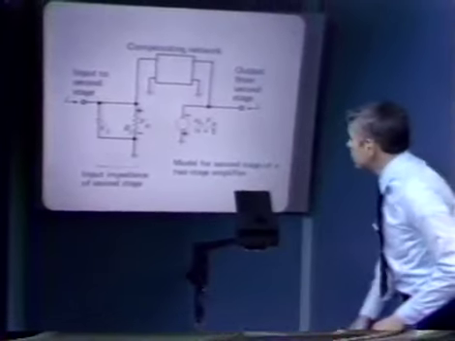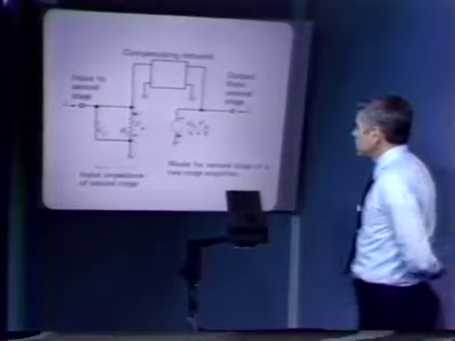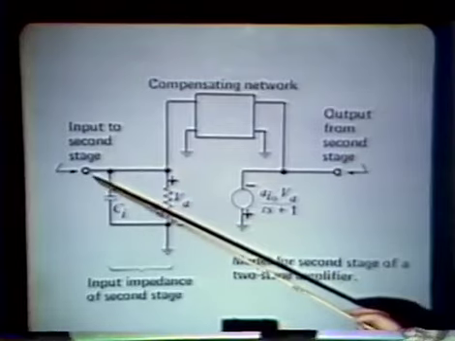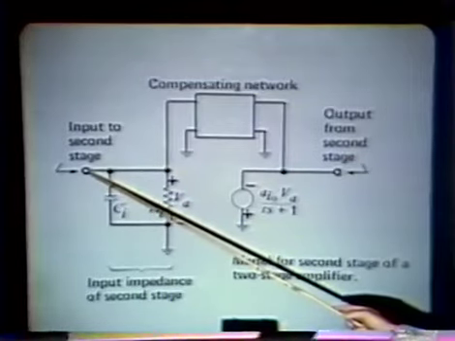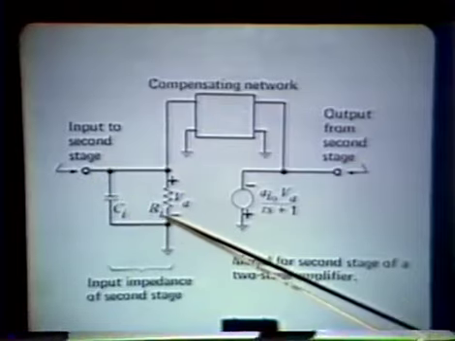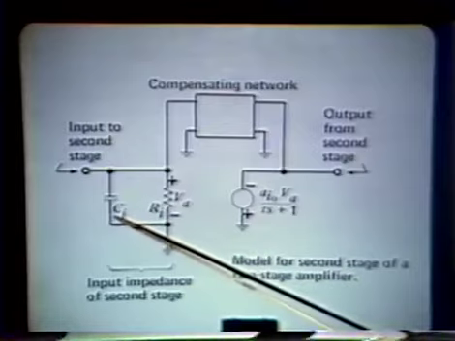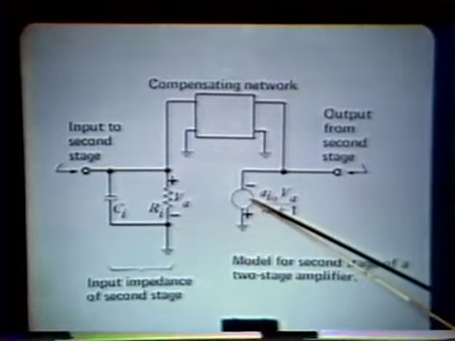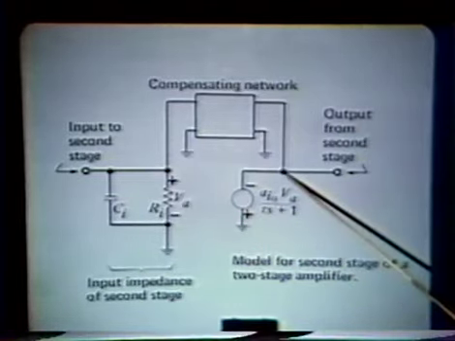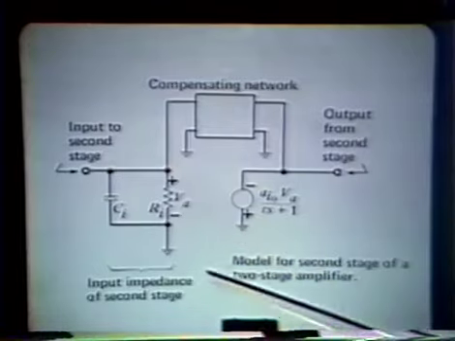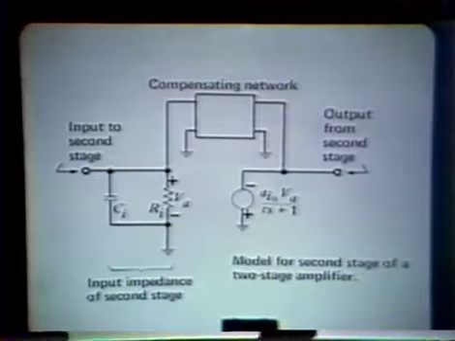Here I've showed a simplified model for the second stage of our operational amplifier. The input of the second stage, which if you recall is driven by a differential first stage in the operational amplifier, generally looks like a parallel combination of an input resistance and an input capacitance. And then we have a generator that gives us an output voltage from the second stage proportional to the voltage at the input to the second stage, but there's also typically a single pole associated with that transfer function.